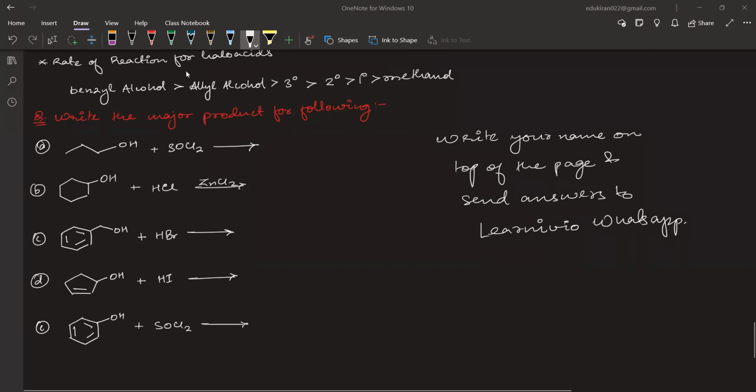So can I send through Zoom? I don't have the mobile number as of now. Yeah. You will send a photo on chat now. Okay, fine, no problem. Please start sending your answers. No matter how much you have done.